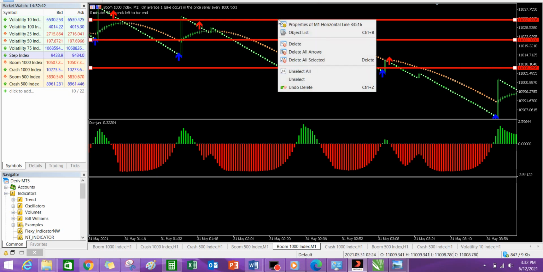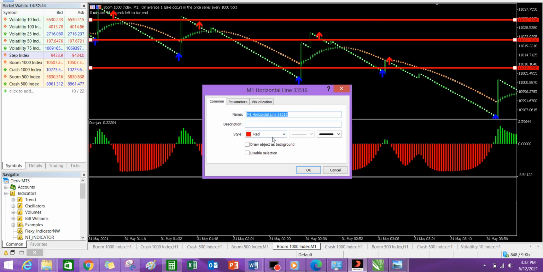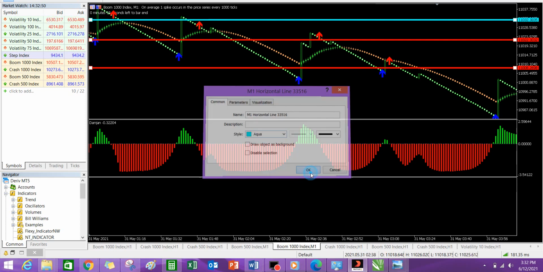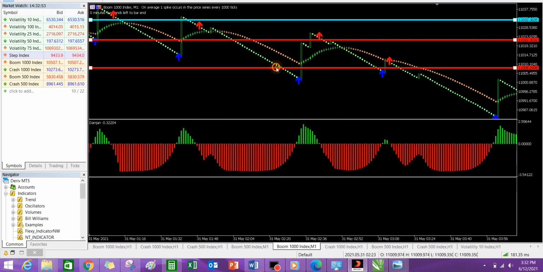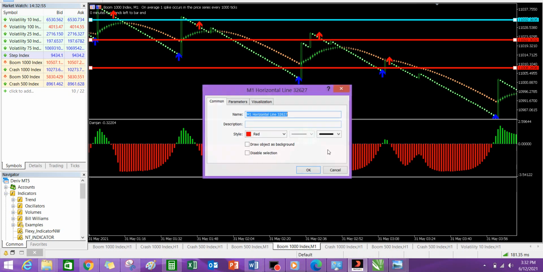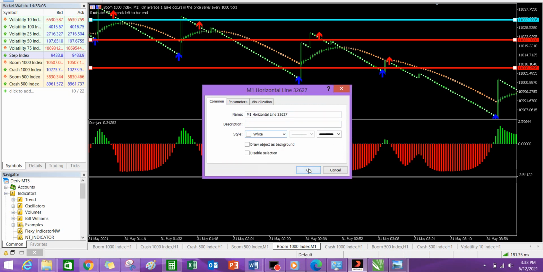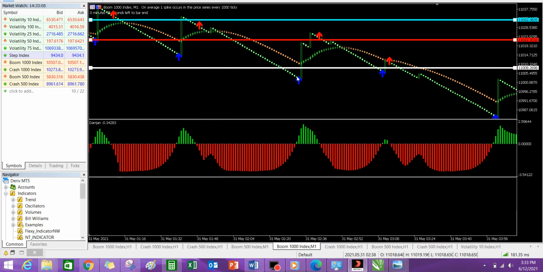Let me change this to aqua blue again. I'm sorry about this. I should have used another chart instead of using the same one, but I'm not going to take our time. It's going to be very brief in changing the colors. I'm going to make this pure white. So that is it.